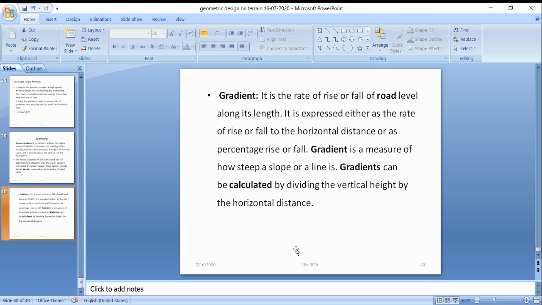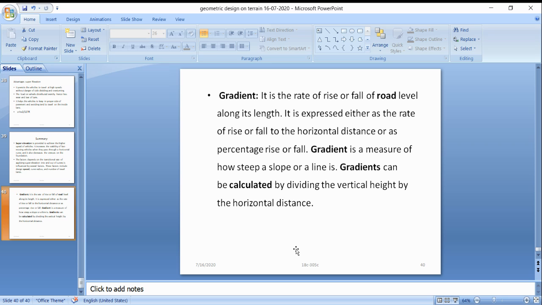Gradient is a measure of how steep a slope or a line is. Gradient can be calculated by dividing the vertical height by the horizontal distance.